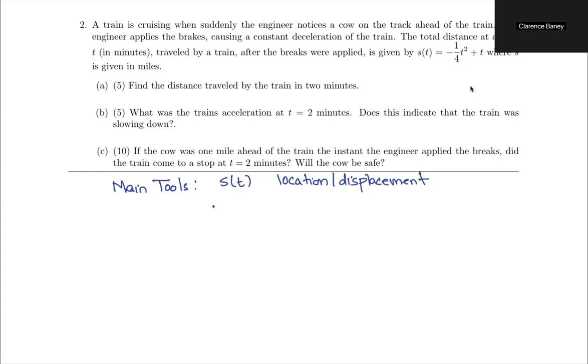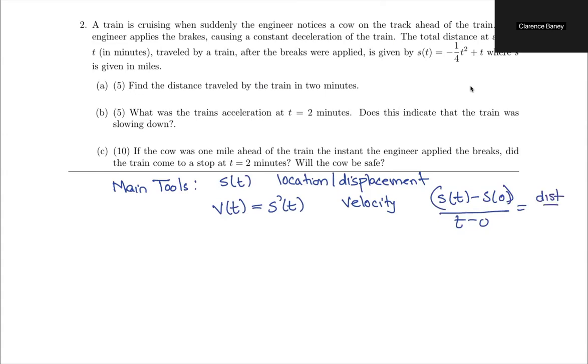The velocity is then the derivative of the displacement. Remember, that's because velocity is distance per time, so that's a ratio. If you do s of t minus s of 0 all over t minus 0, the units of the numerator are going to be distance, and the units of the denominator are going to be time.